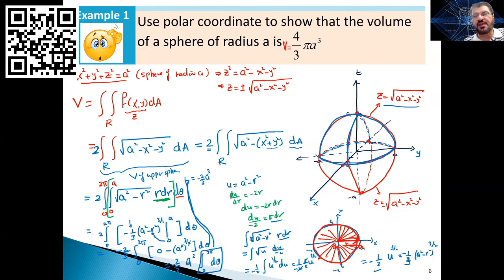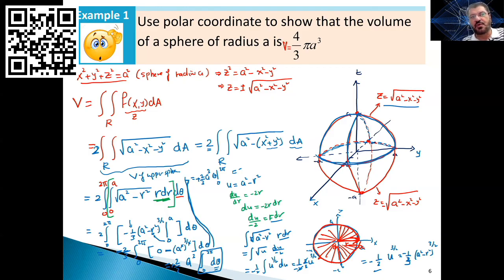The integration of d theta, we know it's theta from 0 to what? To 2 pi. It's theta from 0 to 2 pi. And this is equal to minus 2/3. And by the way, when we put this minus, this minus with this minus will be plus. So this is plus.